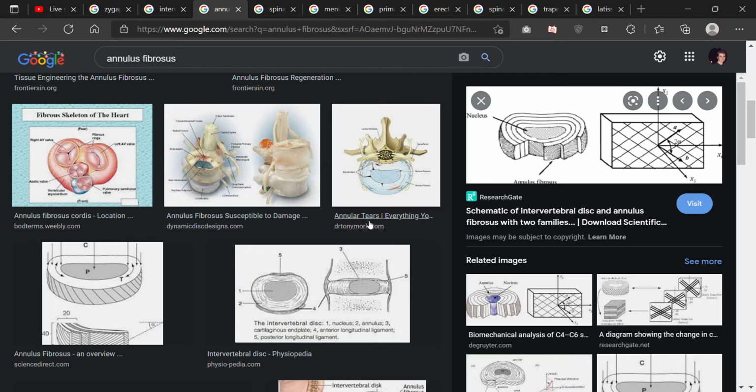But whenever we sleep and lay down, gravity is actually helping to stretch out our back and create space, to help water get back into the nucleus and the annulus, and well, the nucleus specifically, because the annulus is mostly collagen fibers. So whenever we lay down, water gets back into the nucleus and rehydrates the disc.